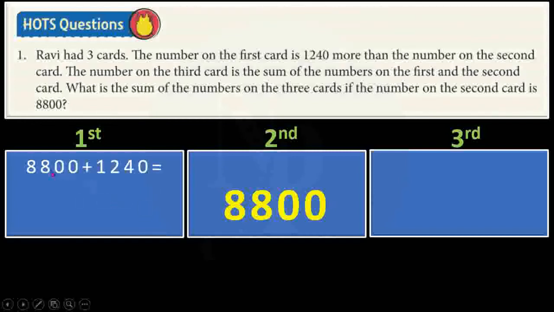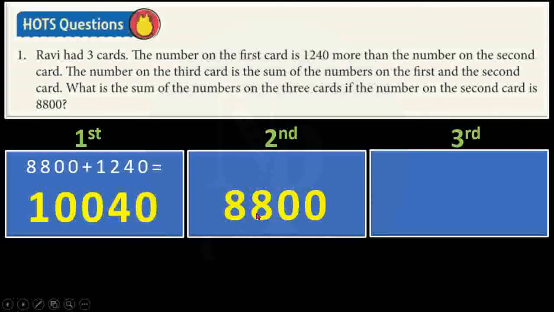So if you add 1240 to 8800, you will get the number on the first card, that is 10,040, isn't it? You can verify this by adding these two numbers later. Now you believe that I have done the sum correctly, and let us proceed. So this will be 10,040.